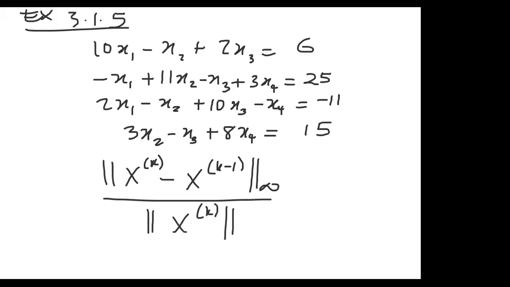You need to be using this stopping criterion after every iteration. And it says 10 to the power negative 3, right?